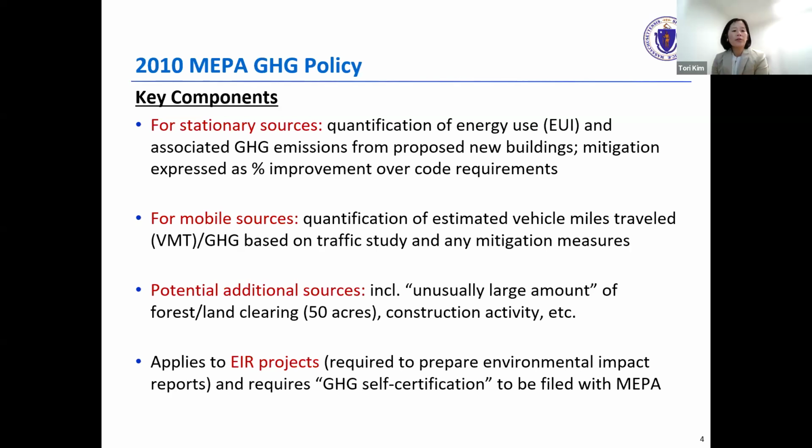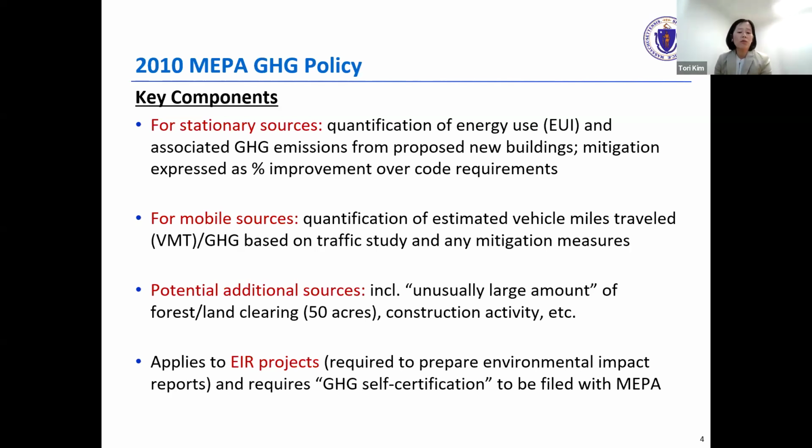So as I indicated earlier, the GHG policy was put into effect in 2010, and some of the key components that are in operation now first relate to stationary sources of greenhouse gas emissions. This primarily relates to new building construction and energy use.